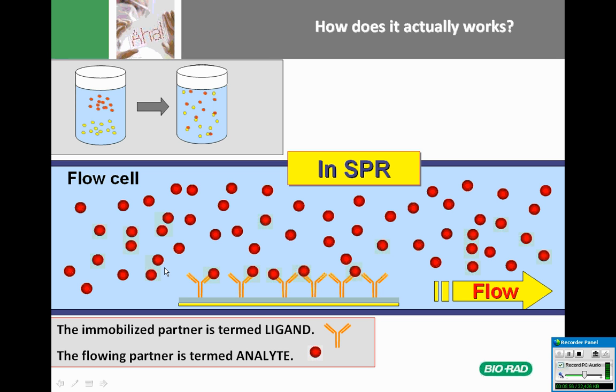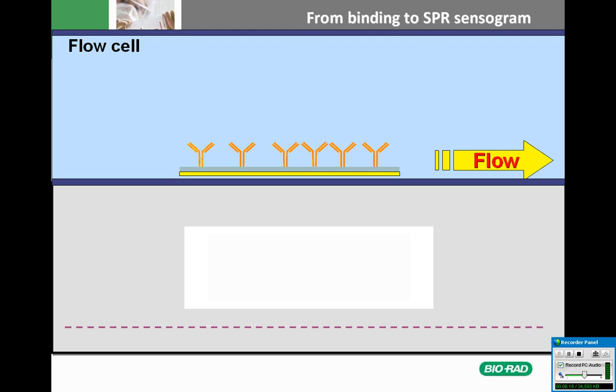The other one is flown over or injected over the ligand, and we call it the analyte. You should remember that there is always a continuous flow of buffer or liquid over the chip where the ligand is immobilized. So always either running buffer is flowing over or the analyte is being injected. So this is a cartoon.